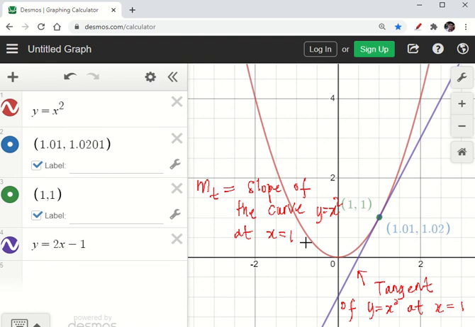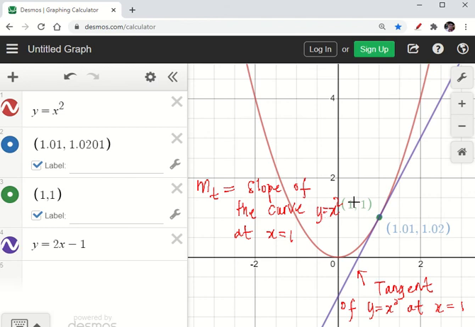Now this concept is called the first principle of derivative, or the first principle of differentiation. We are going to talk about the algebra part later.